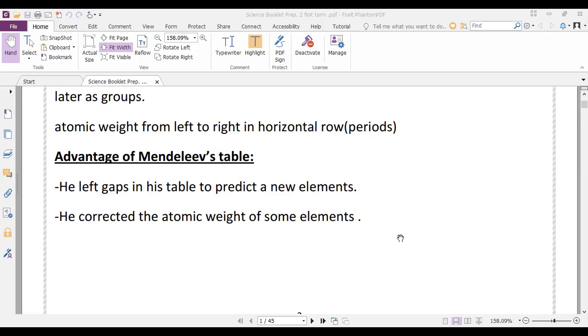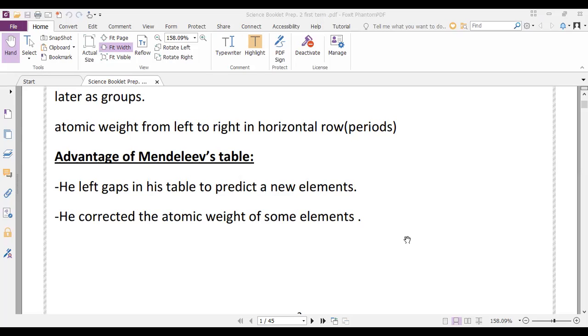What are the advantages of Mendeleev's table? He left the gaps in his table to predict a new element. Yes, a new element.